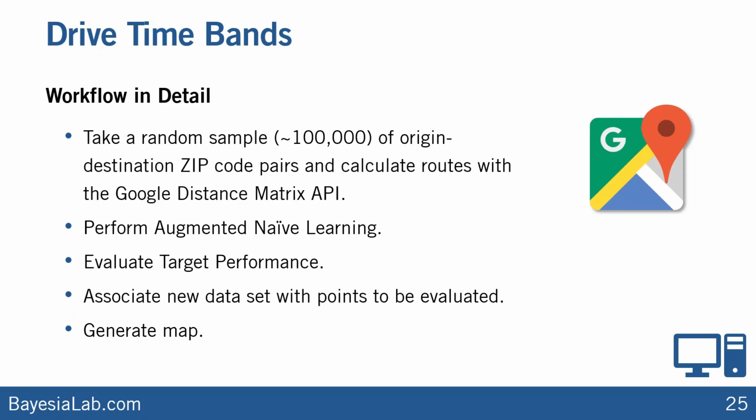With that, once we take this data set, we will perform naive learning. We will evaluate the performance to see whether that is a good approximation. And then we want to test that out with a new data set with the objective of creating drive time bands that we want to present in a map.